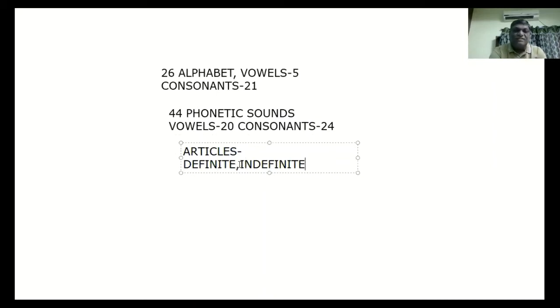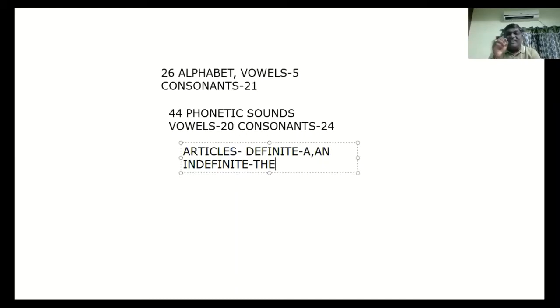The definite ones are a and an. And the next one is indefinite. In the indefinite, you have the.